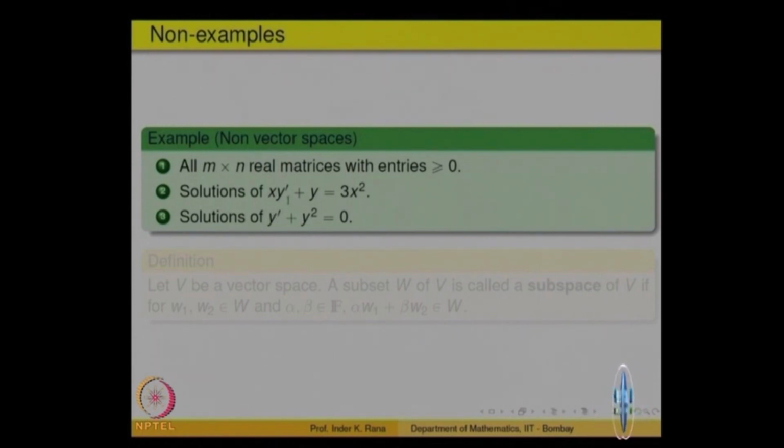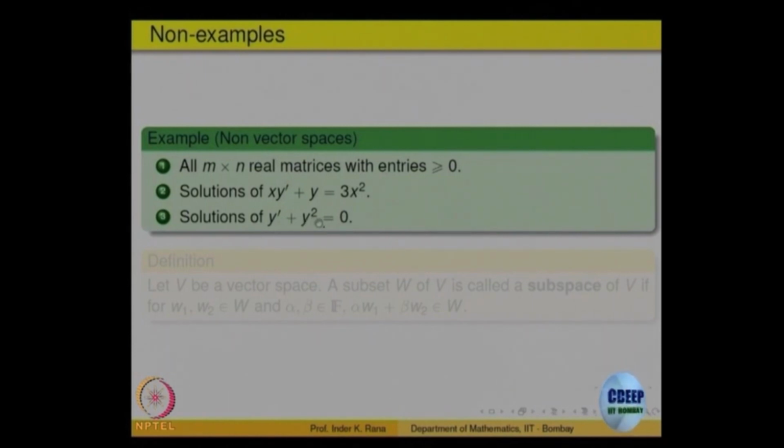Because if I put y1 plus y2, of course, this will give you the derivatives, and this will give you y1 plus y2, but on the right hand side you will not get 3x square. When you add those two equations, you will get 6x square, right. So, it was only when it was 0 that it became a vector space. So, the usual addition of functions and scalar multiplication will not give this as a vector space, right.